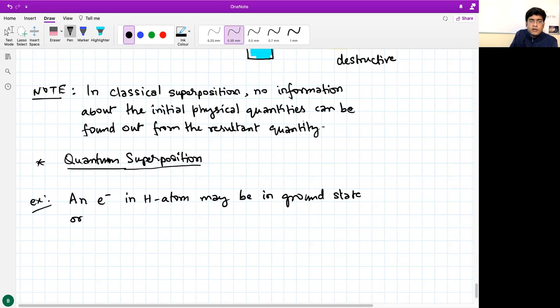Let's make it a little bit colorful, otherwise it's completely black. So ground state or first excited state. It could be in either of the two. These states are known as pure states, or definite states.